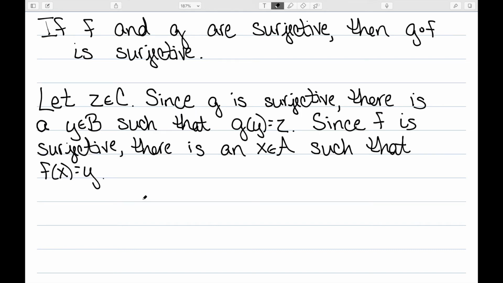And since f is surjective, there's an element x in A such that f of x is equal to y. So both of those are just the definition of f and g being surjective. So now we have that g of f of x, which is the same thing as g of y, is equal to z. So I started with an element in C and showed that I had to find an element in A that maps onto it. So therefore, this is surjective.